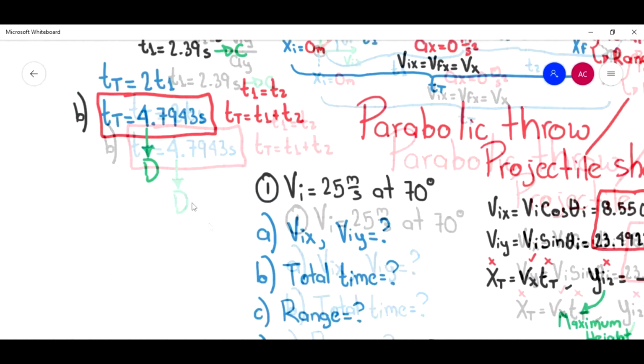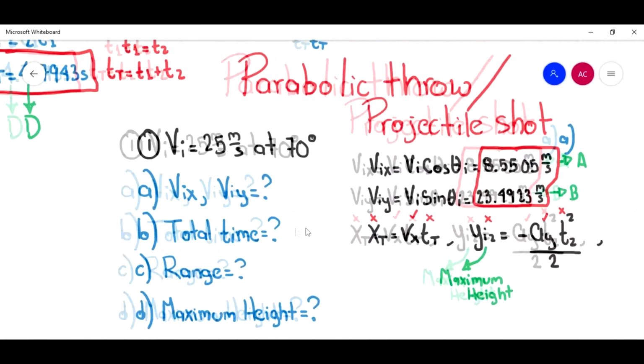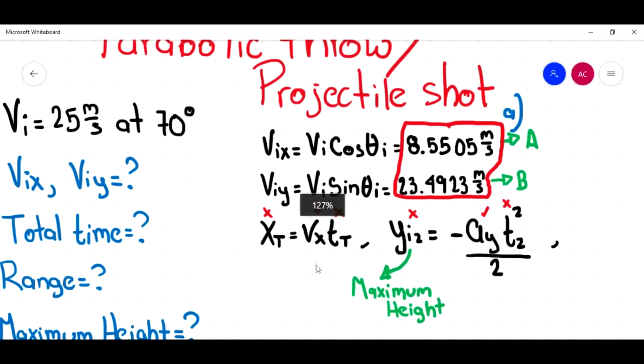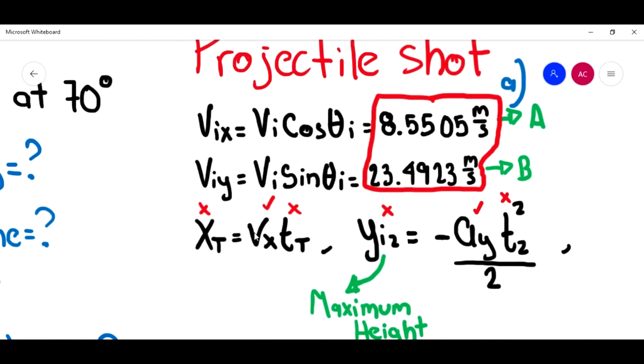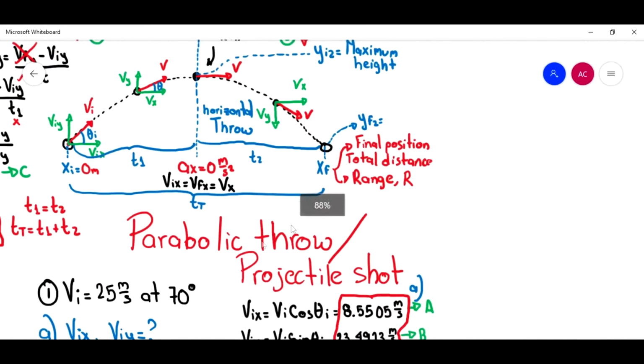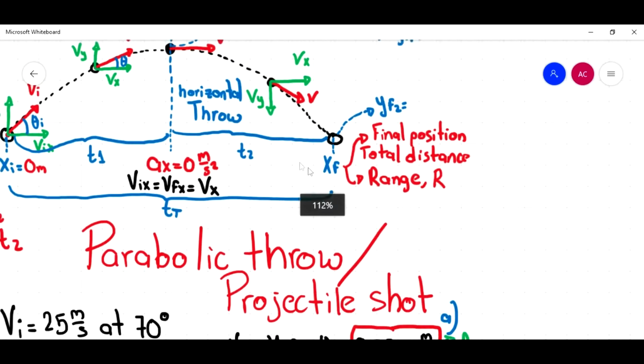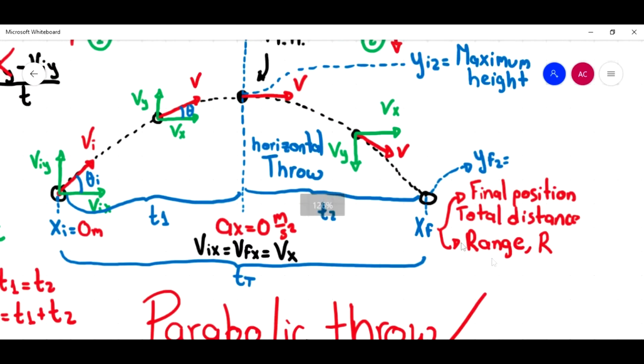Now that I have the total time, I can go back to the formula that comes from the horizontal throw. I can multiply the total time by the velocity in x, so I can find the total distance, or the final position, or the range, as you want to call it.